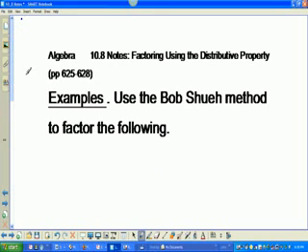If I'm given a trinomial with a leading coefficient that can be factored, the first thing we're going to do is write down the problem, of course, and then write down the first and last term.